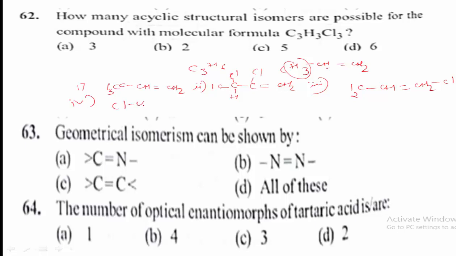Cl CH2 C of here one Cl double bond CH Cl, is it right? This is also one structure. Next, fifth one I write Cl CH2 CH double bond C Cl2.